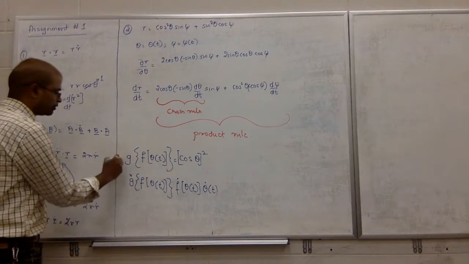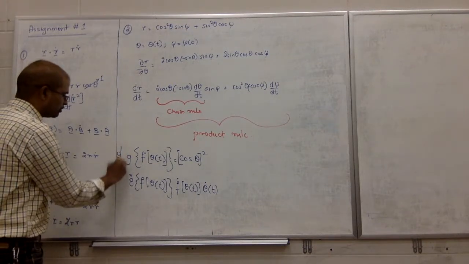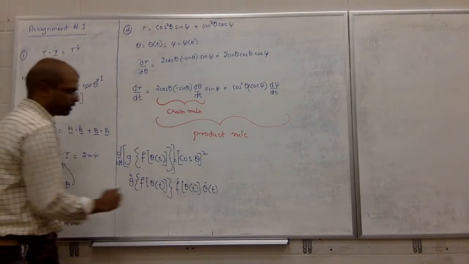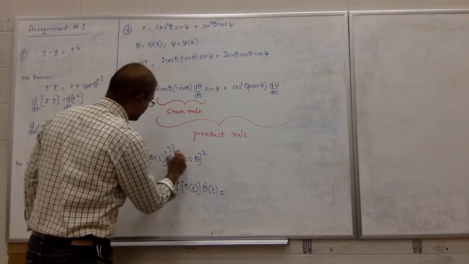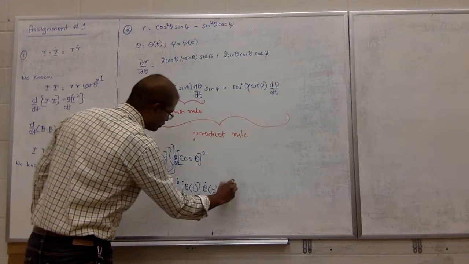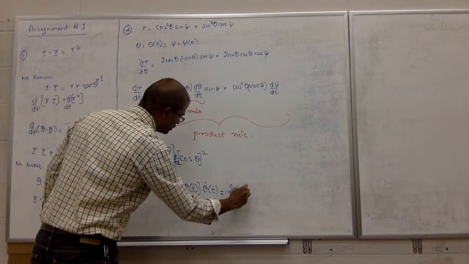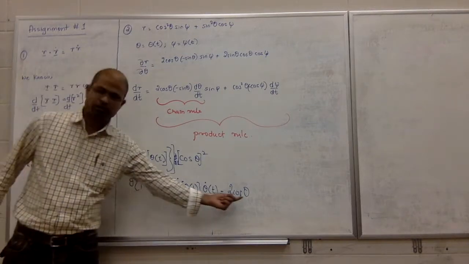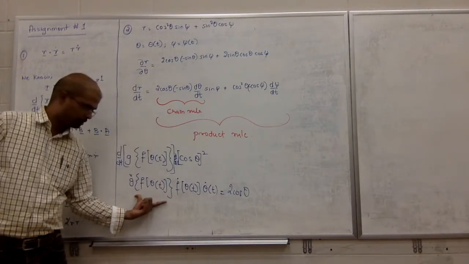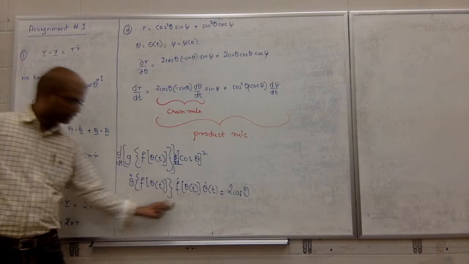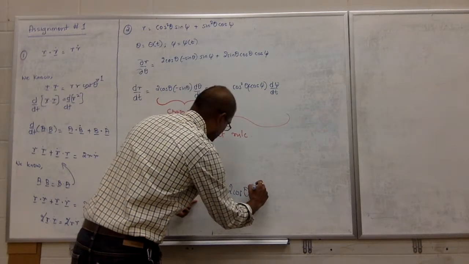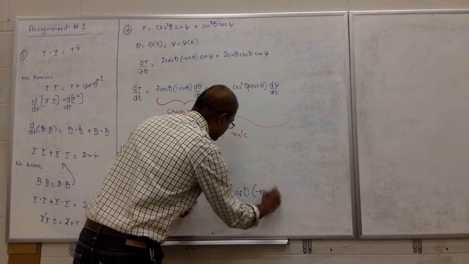This is what the chain rule is. It will be equal to, so you have d/dt of cosine squared theta. What is this? This is 2 cosine theta. You understand? This term is minus sine of theta.